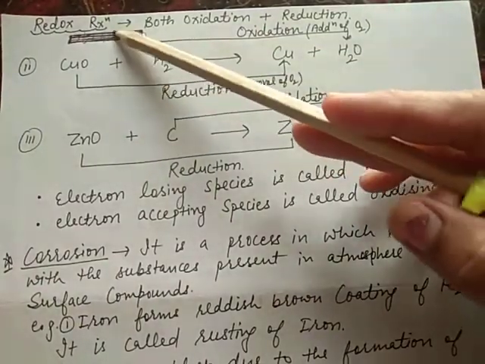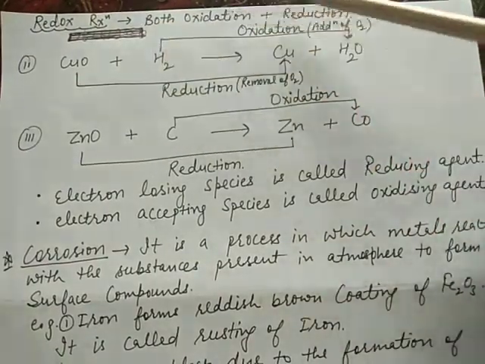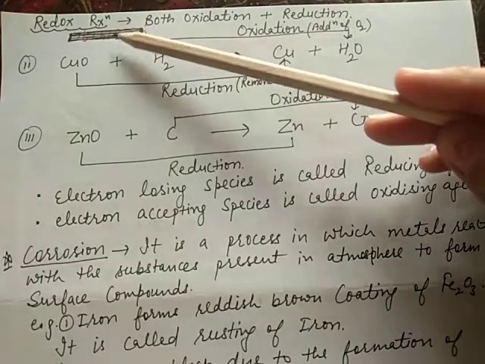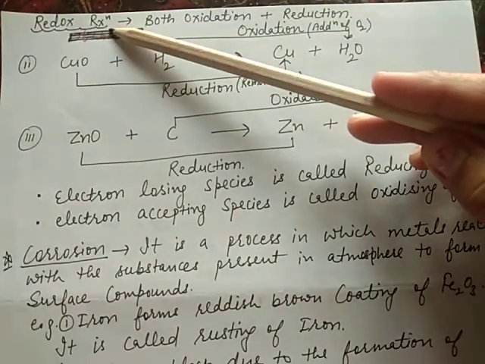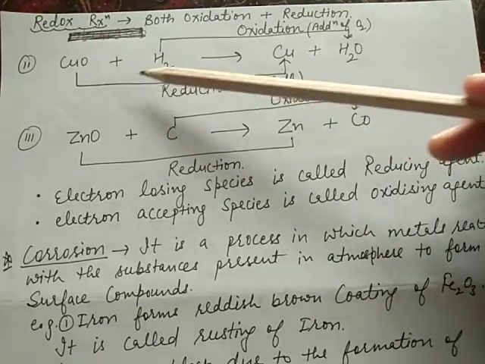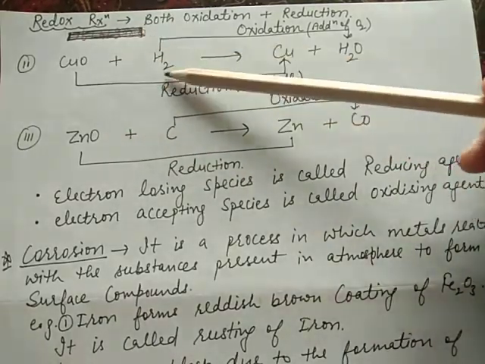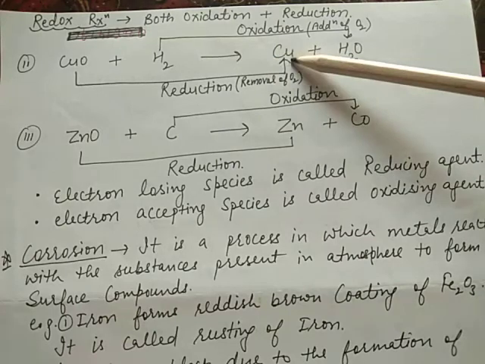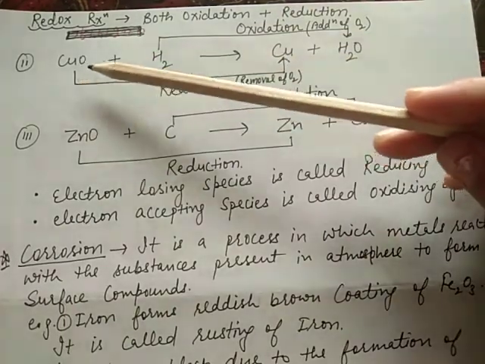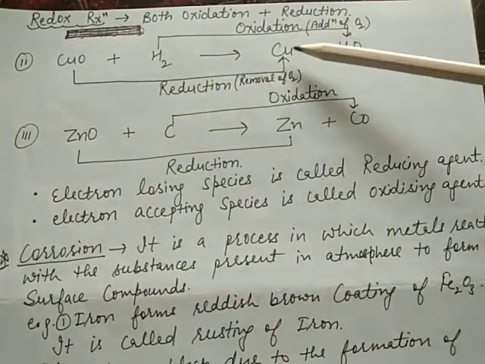And the process which shows both oxidation and reduction in a chemical reaction is called a redox reaction. Suppose this is the example, copper oxide plus H2, arrow sign copper plus H2O. First of all, copper oxide changes into copper.